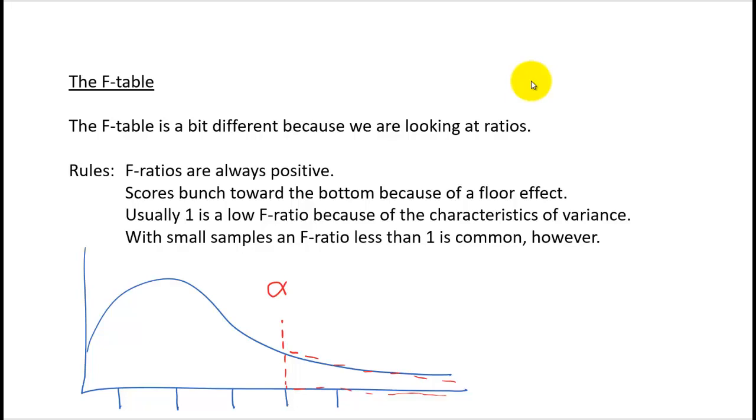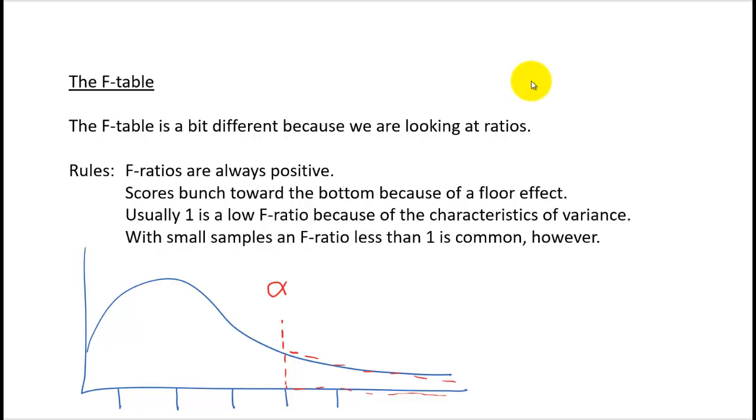Well, with an F ratio, which is what we use when we are talking about ANOVA, generally we can't have negative numbers. It's impossible to have a negative F ratio because when you sum the squares, way back in any step where you're looking at the variance, you get rid of negative numbers. So you will always have a positive numerator and a positive denominator, so you can't have any denominator or numerator less than 0.